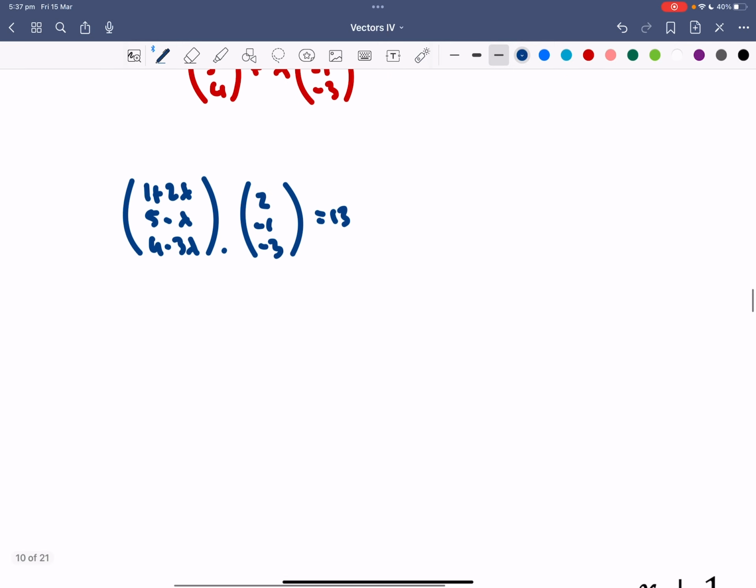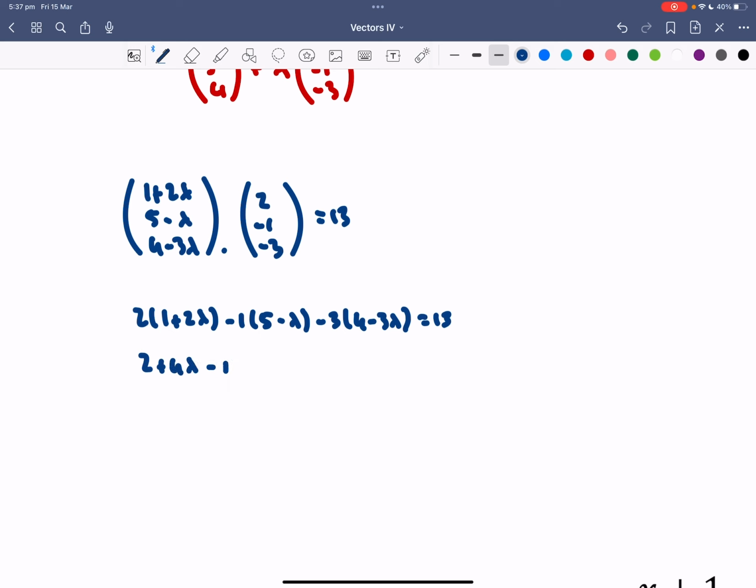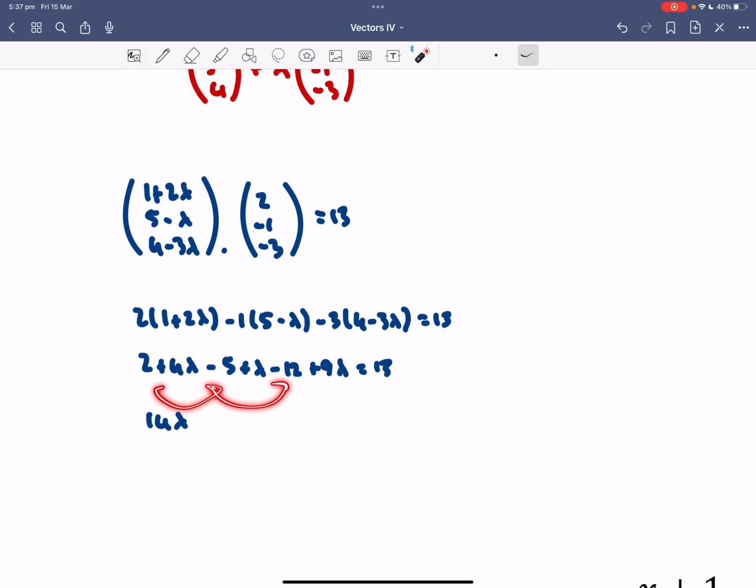Now, like I said, this is not the smart way of doing it. There's definitely a much faster way. 2 times (1 plus 2 lambda), take (5 take lambda), take 3 times (4 take 3 lambda) is 13, and we can solve for lambda. 2 plus 4 lambda, take 5 plus lambda, take 12 plus 9 lambda equals 13. 4 lambda plus lambda plus 9 lambda is 14 lambda. 2 take 5 is negative 3. Negative 3 take 12 is negative 15.